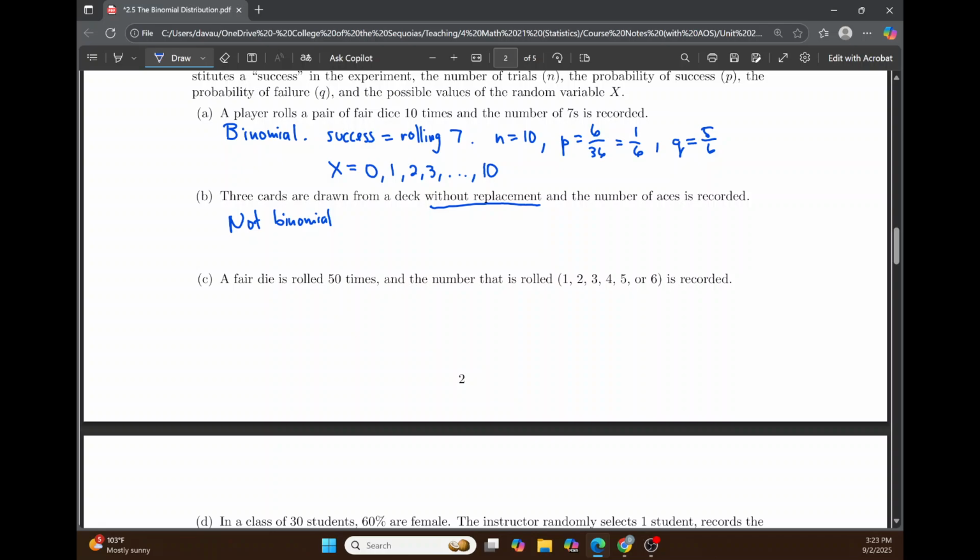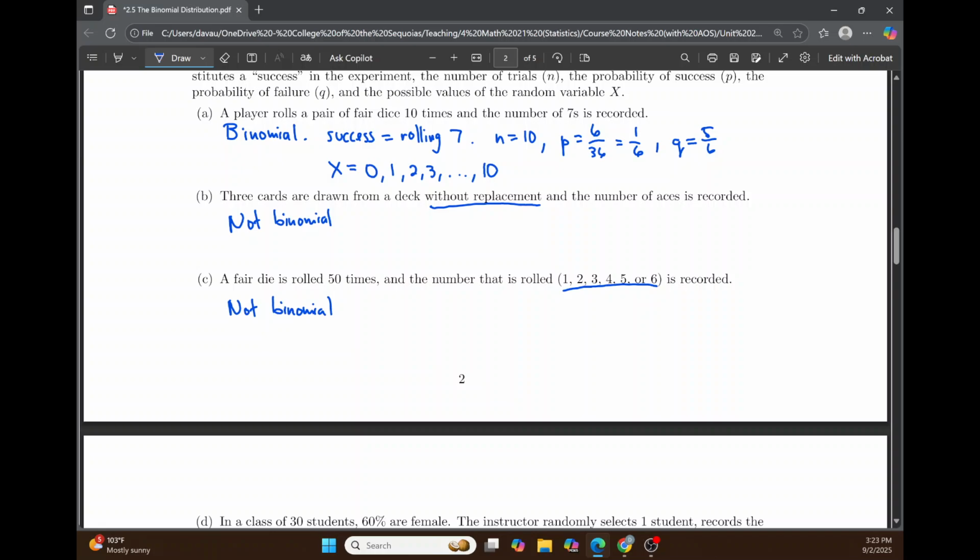You're not recording the number of times that a particular outcome occurred, so we're not counting up a success. We're just recording the number that was rolled. There are not 2 mutually exclusive outcomes, there are 6 mutually exclusive outcomes. So this is not binomial. It violates the whole bi part of the binomial experiment, because there are 6 outcomes, not 2.